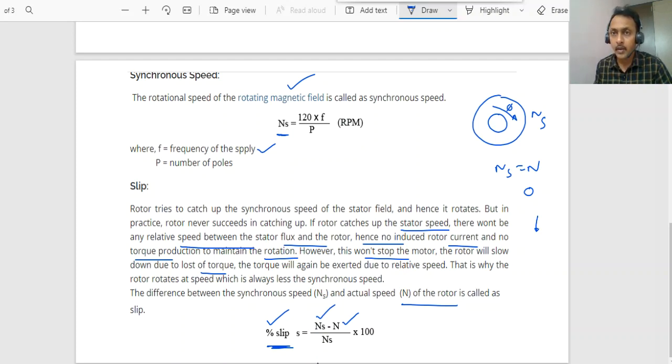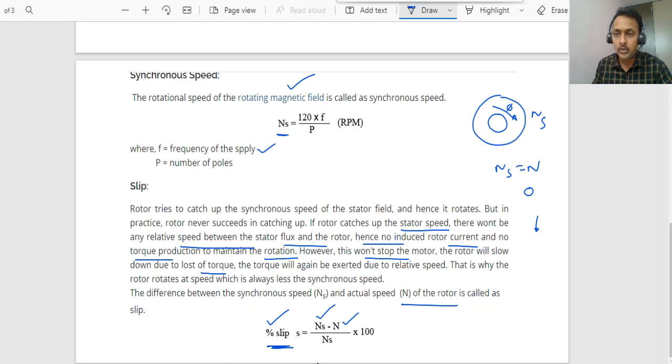Is it clear? If it has become equal, what happens? There is no relative speed. Obviously there won't be any induced current, there won't be any torque. So all of a sudden it will not stop. Slowly it slows down.